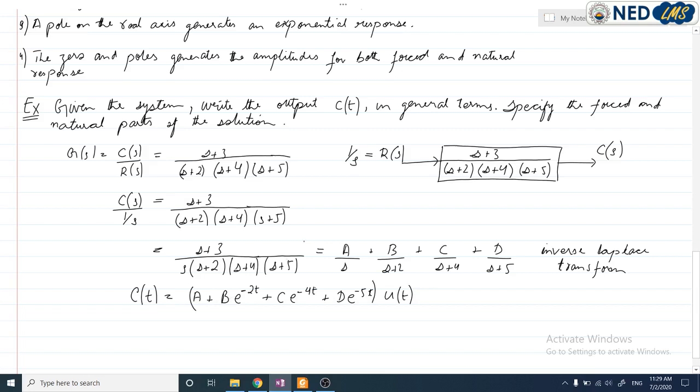Now we have to specify, as asked in the question, the forced and the natural parts of the solution. From here we can tell that this constant term, having no exponential term, comes from the input pole. So this is our forced response.